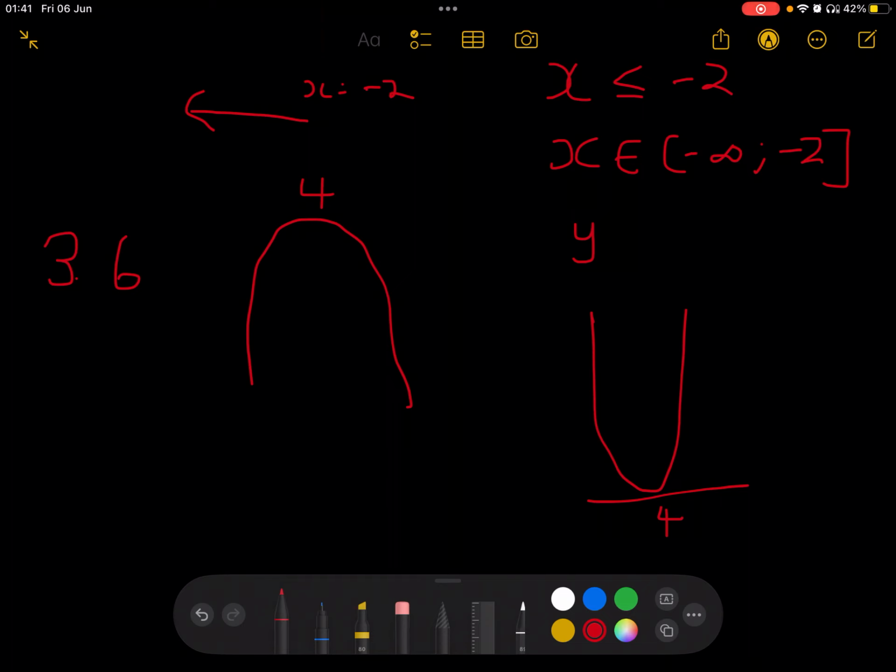If you check this flip, this range was saying y is less than or equal to 4. Now the range is saying y is greater than or equal to 4. It means the graph has been flipped about the x-axis.